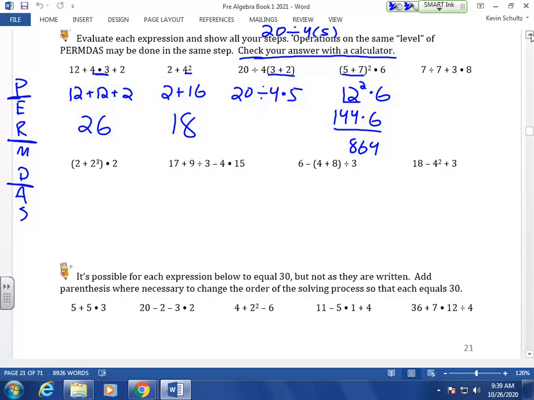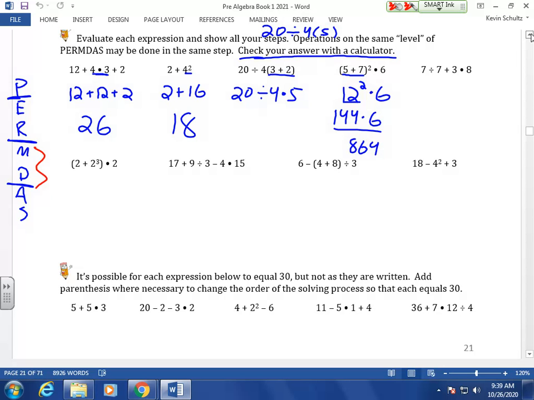Now we look at this and we see that we've got division and multiplication. And we refer to the order of operations and we say, okay, division and multiplication, they're both on the same level here, right? They're in the same group, which means they are interchangeable in the sense that we would not multiply 4 and 5 first.